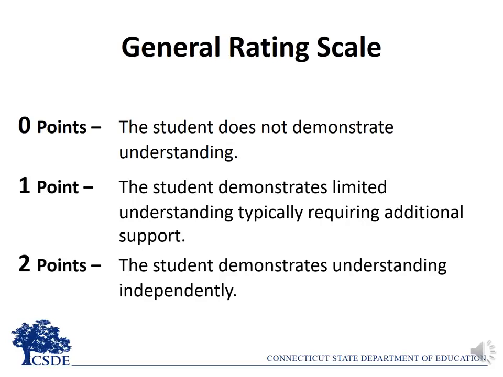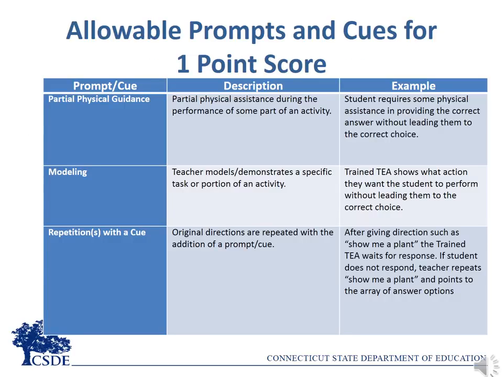We will review this later in the presentation. As mentioned on the previous slide, a 1-point rating score allows the teacher administering this test to provide students with prompts and cues. This chart explains the most common prompts and cues.